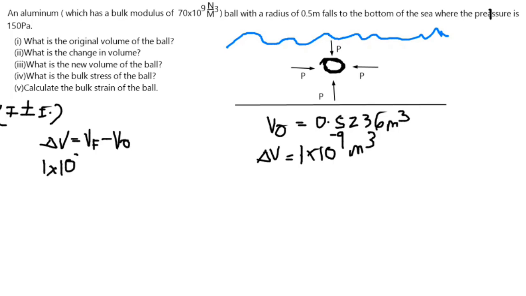We know the change in volume, which is 1 times 10 raised to the negative 9. Actually, negative yung change in volume. Kasi may pressure kanina. Just gonna put a negative sign. And then what we're going to do is just add 0.5236 both sides.